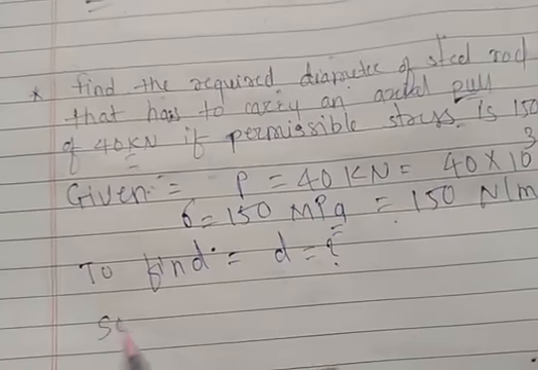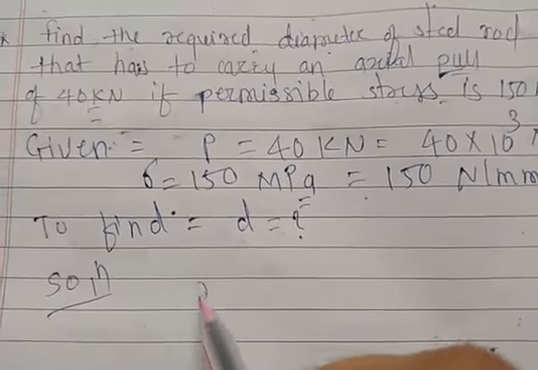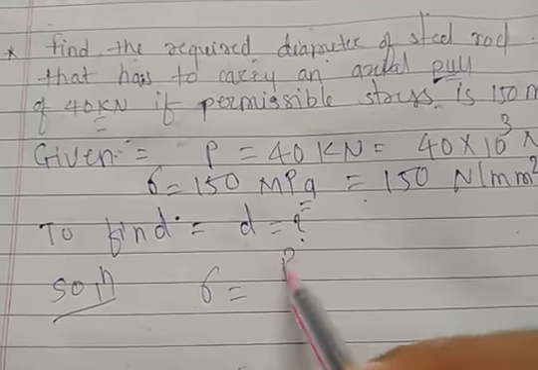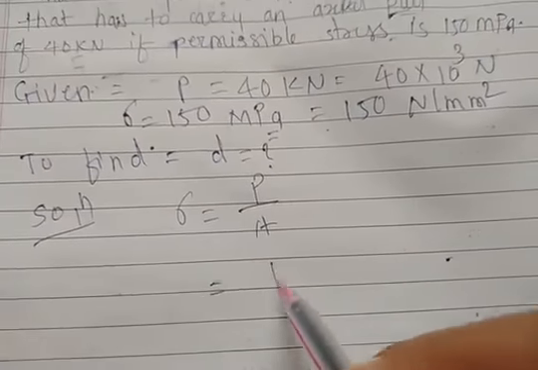Again it is a very easy numerical. We apply the formula stress equals load upon area. Instead of area, I put the formula of area, so P upon pi by 4 into d square is equal to sigma.